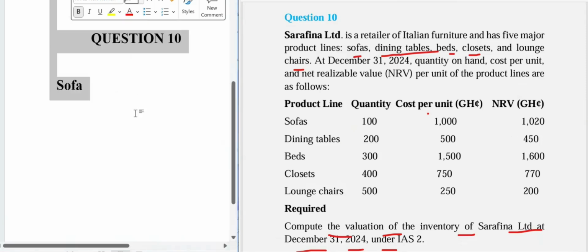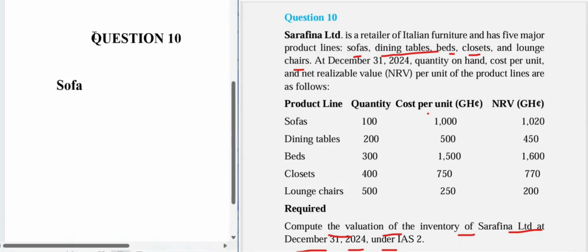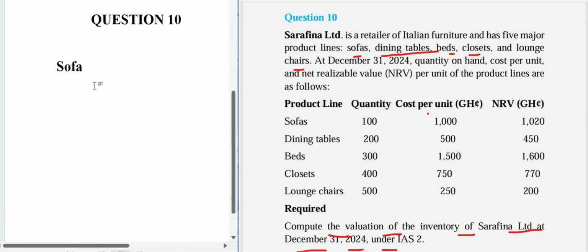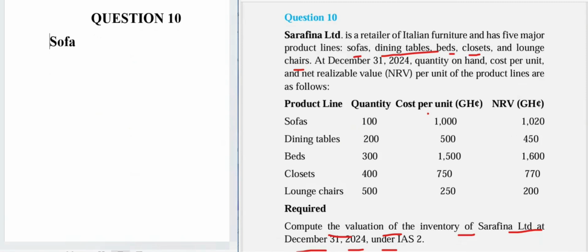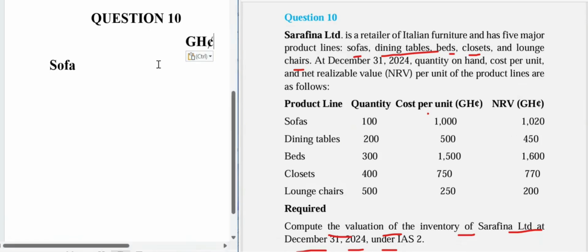Just compare the two, then you pick the lower, that's all. Pick the cost, pick the NRV, then you compare, and then you have your lower, as simple as ABC. Right, so let me bring the Ghana cedi sign here so that we know that all our computations are in Ghana cedis.